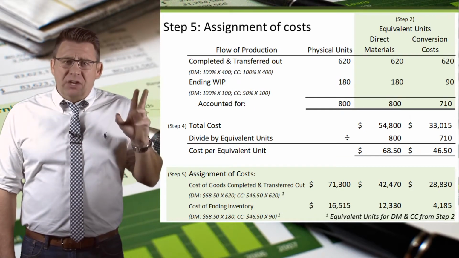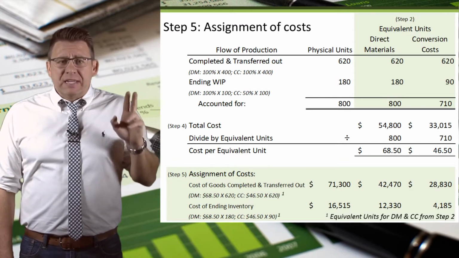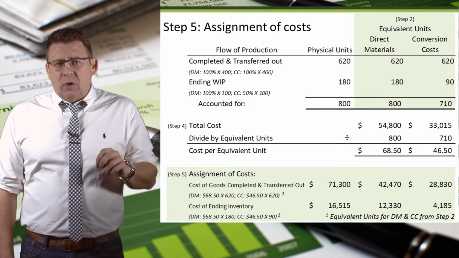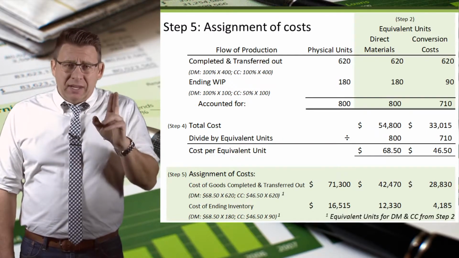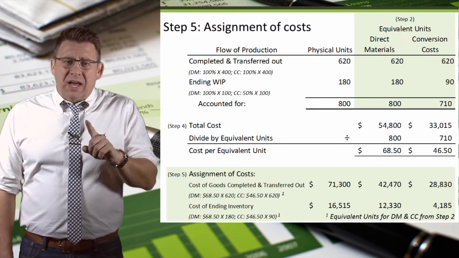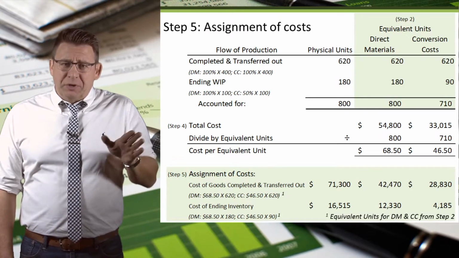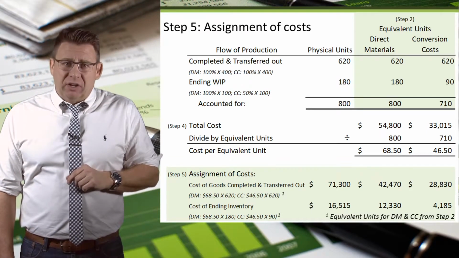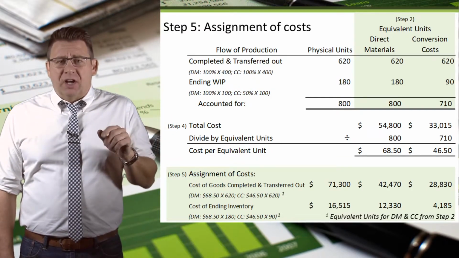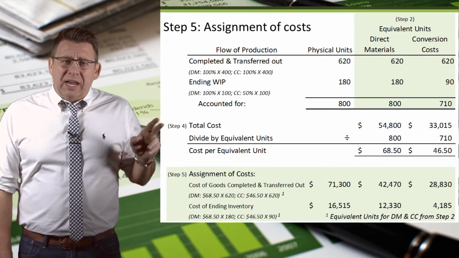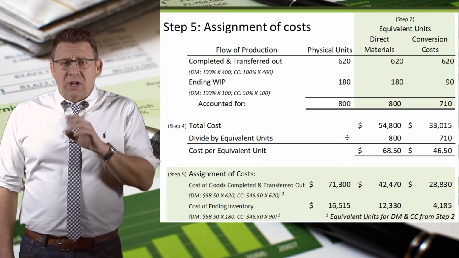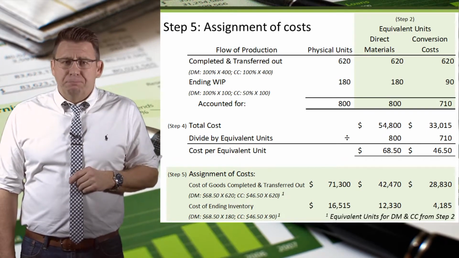In order to calculate direct materials and conversion costs for the 620 units completed, we multiply the 620 equivalent units of DM and conversion costs as calculated in step 2 by the cost per equivalent unit of direct materials and conversion costs calculated in step 4. So we get $42,470 of direct materials and $28,830 of conversion costs, which give us a total cost of $71,300.